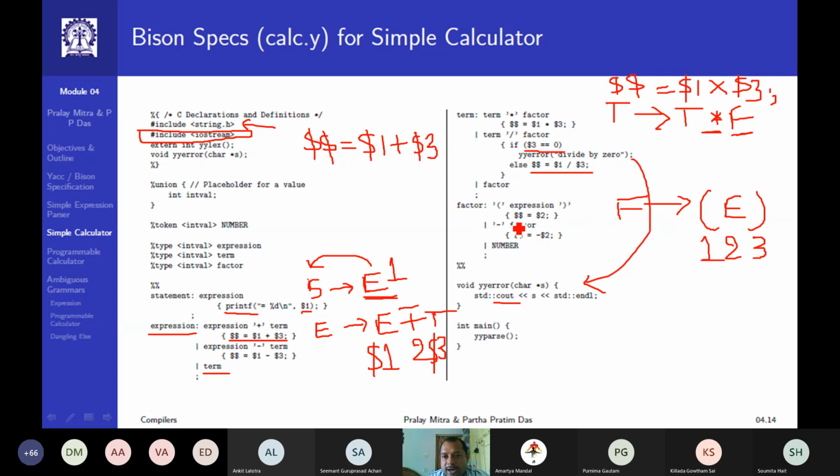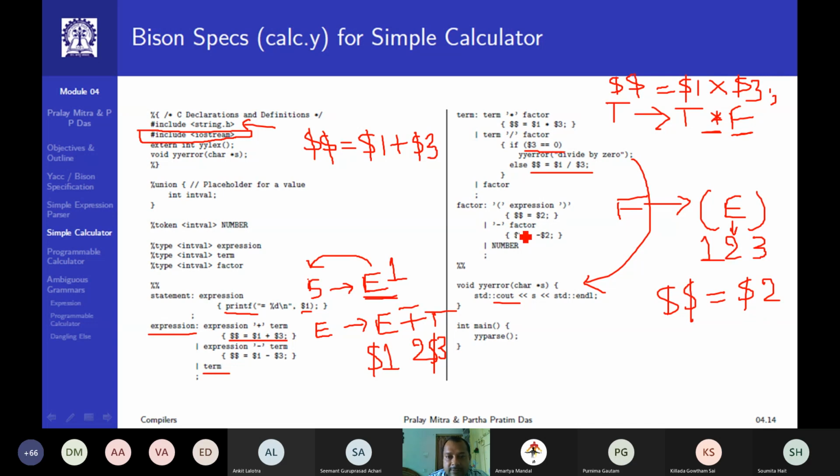So this $$ will be $2. Why $2? Because you see that this E is actually $2. $1 is the opening or left parenthesis, and $3 is the closing or the right parenthesis.